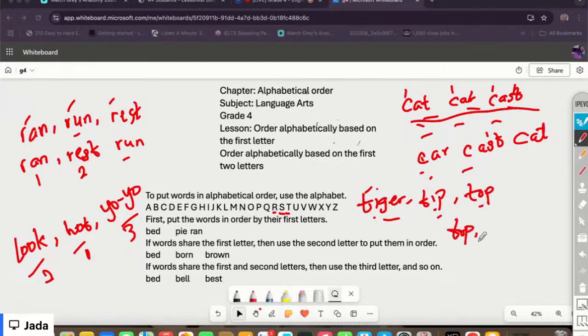So top will be the first. And then between the tiger and tip, you have to check, does G come before P? So it will be tiger next. Even though they have the same second letters, you have to check the third one in this situation. So tiger comes first and then tip comes last.